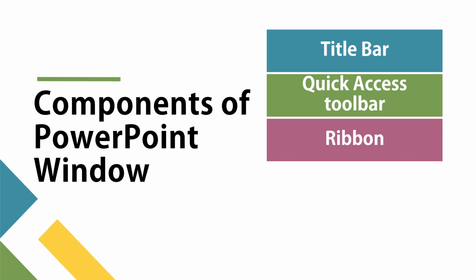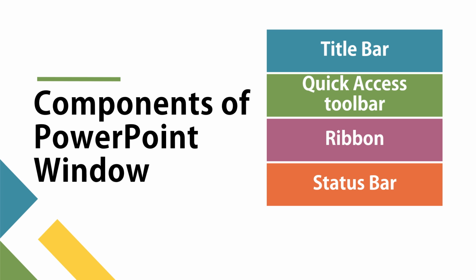Third one was the ribbon. The ribbon has two parts, tabs and groups. All the options that can be used in a software are displayed in the ribbon. At the bottom of the window is the status bar. And the last one is the slide. So the various components of the PowerPoint window are title bar, Quick Access Toolbar, ribbon, status bar and slide.